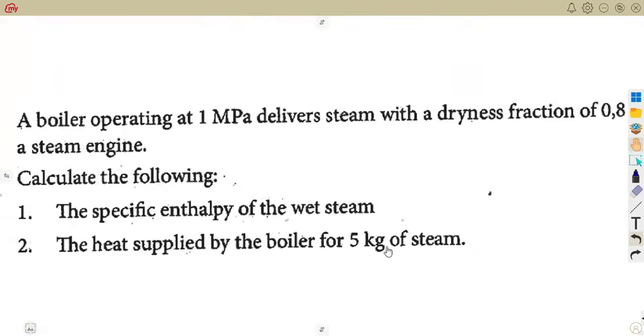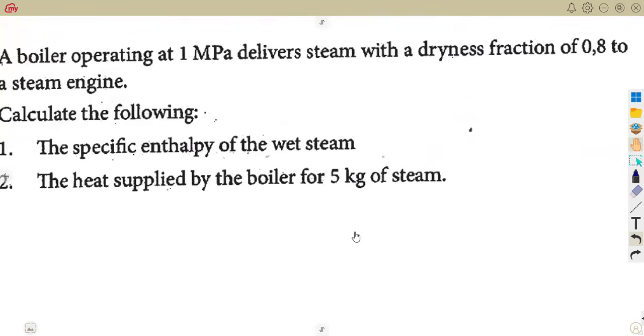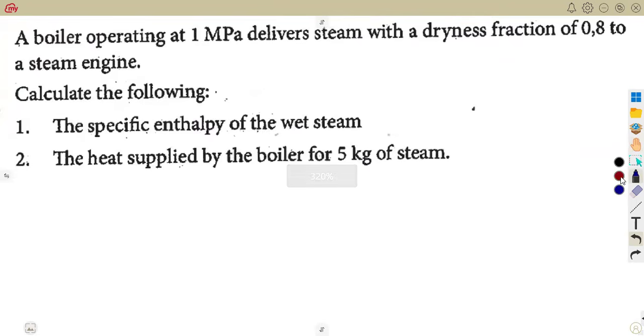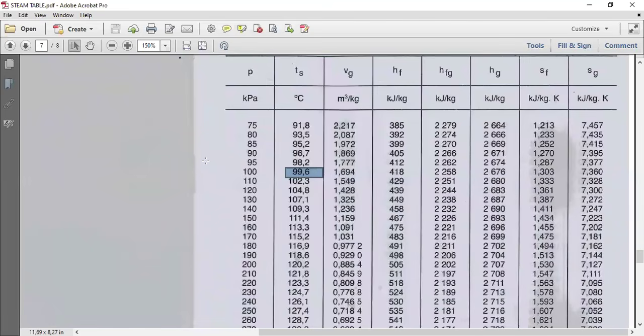Considering another question, if you take a closer look now, they are saying a boiler. They were given a boiler operating at 1 megapascal. This is the pressure of the boiler. But if you check properly, you are going to notice that as you work with the pressure from your steam table, you are forced to have kilopascals so that you can see what corresponds to that particular pressure.